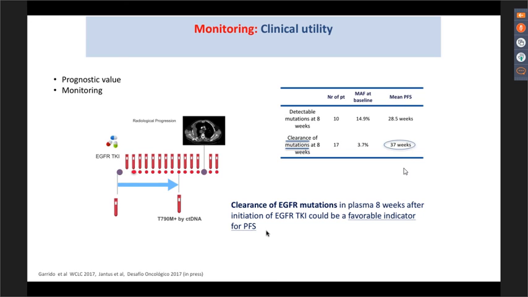That's why we decided to see if we could find the resistance mechanism in liquid biopsy. And we inform our patient about what we find in the analysis.